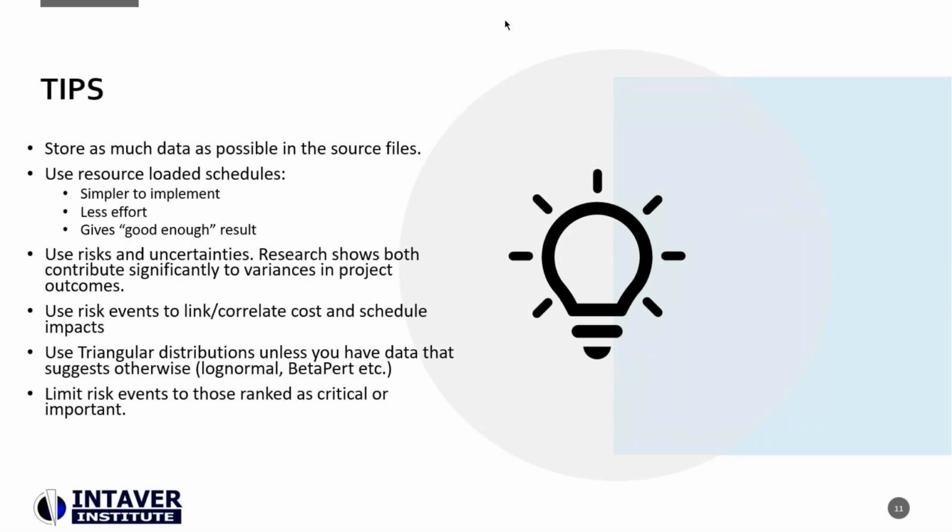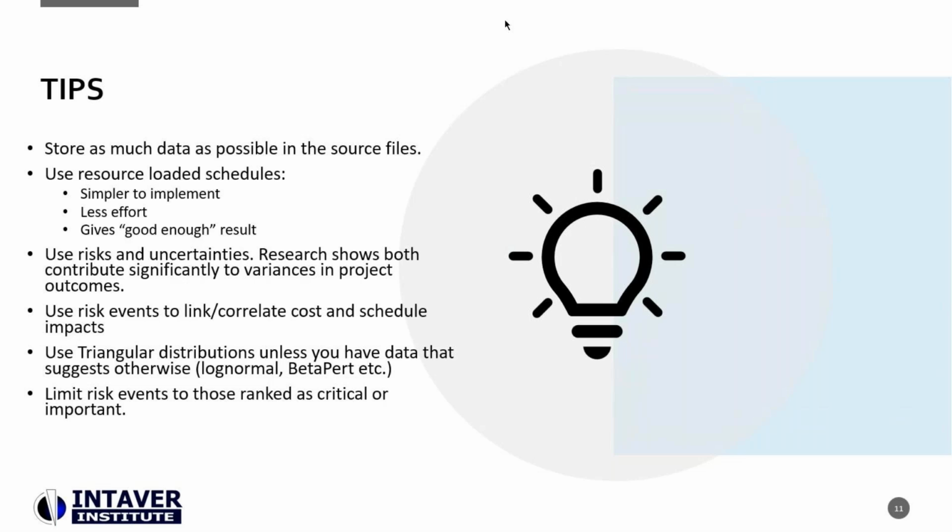If you have 50 risks or 100 risks in your risk register, you'll find almost 90% of those are going to be trivial, and the effort to run the analysis across all of those risks just adds effort and doesn't add any value to your decision making.